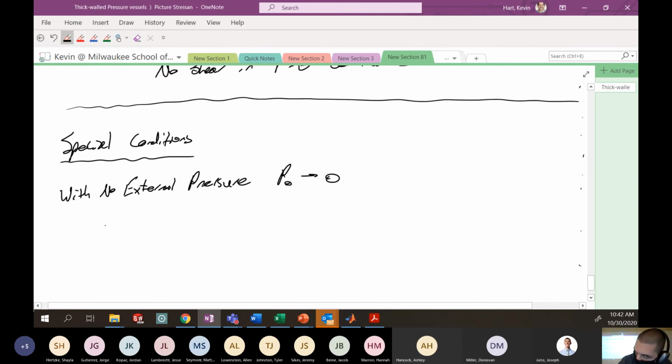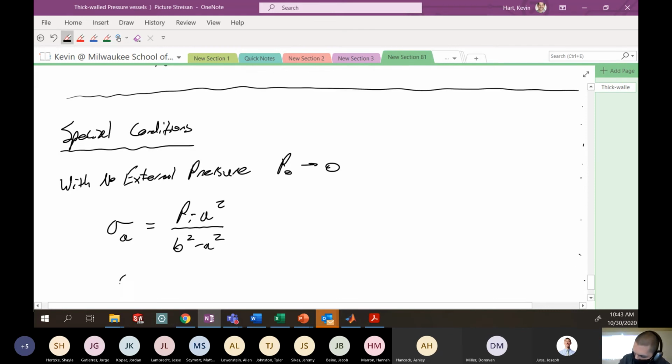You could go through this if you want. I'll just write it here for you. The axial stress, if capped, is going to be the internal pressure times A squared over B squared minus A squared. And this is still for capped only. Otherwise, if it's uncapped, the value is 0.